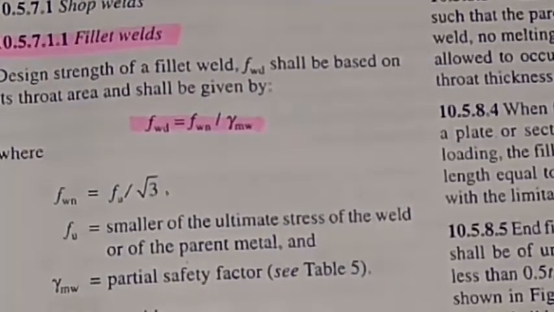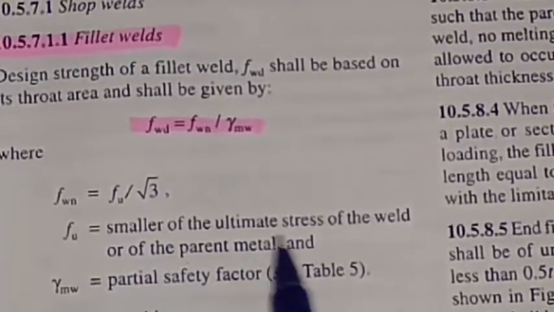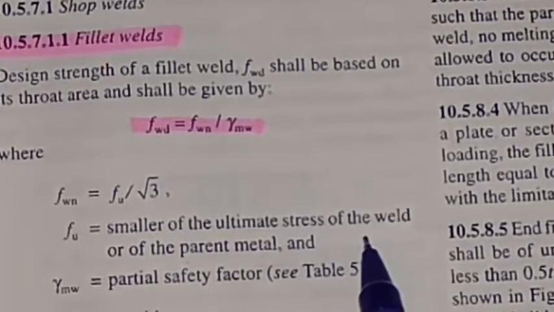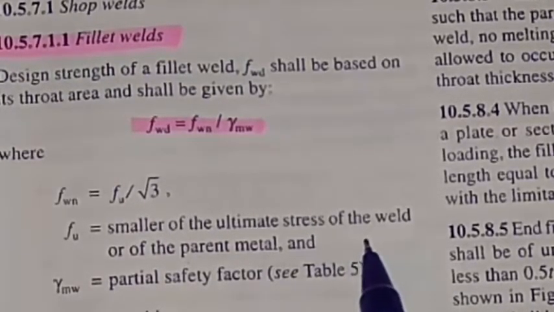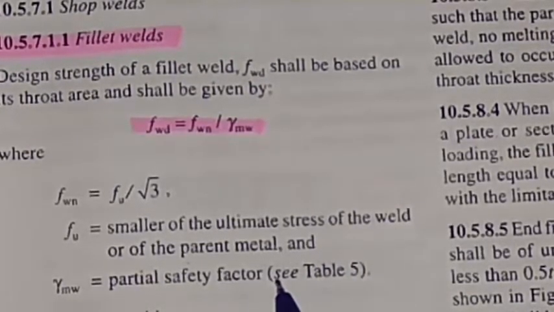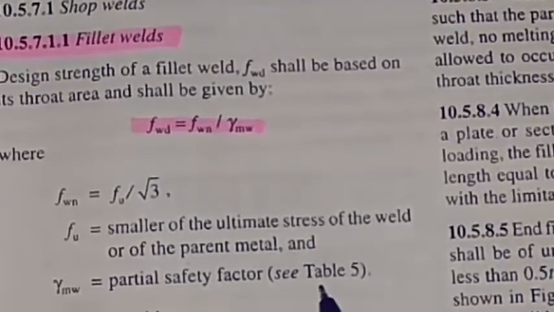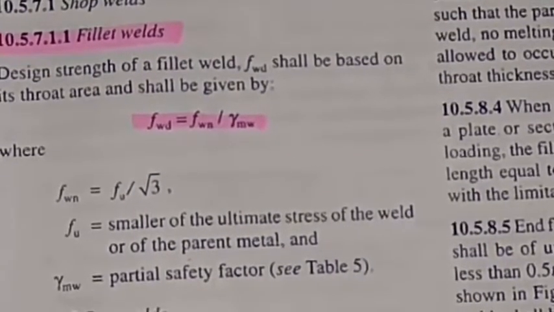This is FWN, this is FU by root 3, and FU is the smaller of the ultimate stress of the weld, and gamma mW is the partial safety factor. Right, that is from table number 5.